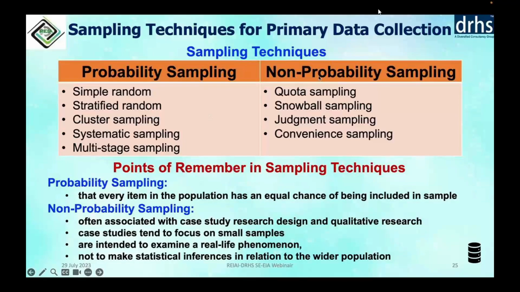We are not going to take non-probability sampling because of these reasons. With probability sampling, we are going to survey at least 10% of the villages. If it is 65, you have to go to 6 to 7 villages. But how do you select that 10%, the 6 to 7 villages? So using this technique, I will be showing you a demo also.